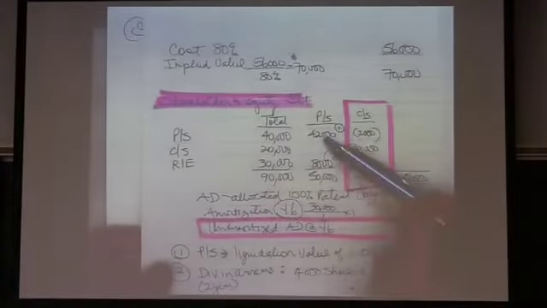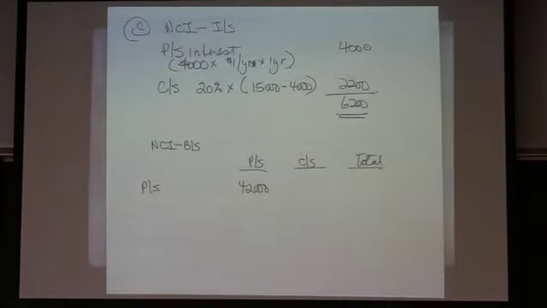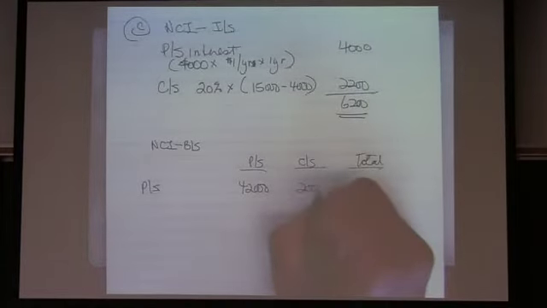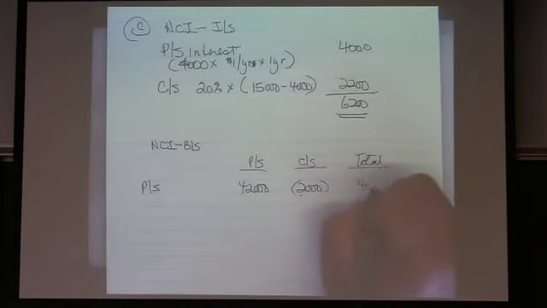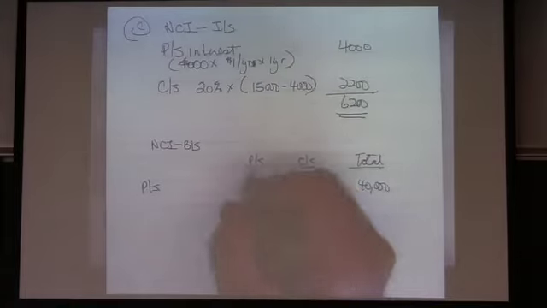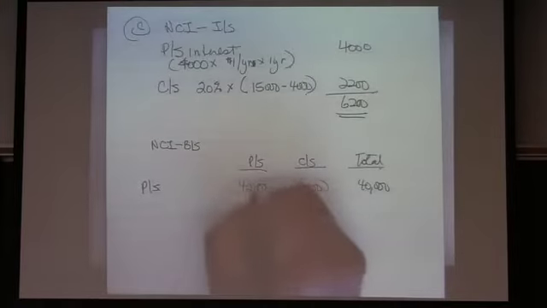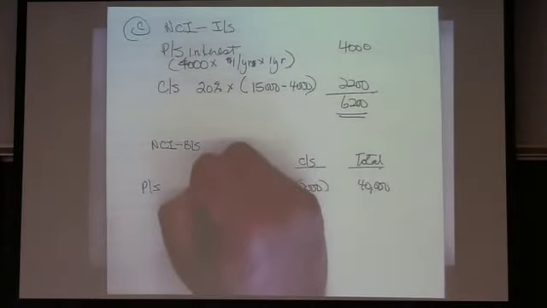Well, we know that that's the liquidating value, right? The 42. Now I put a -2 here because I need to balance it out to 40. So this is the liquidation value. Let me write that down so that we remember where we got this number from. This is liquidation value.